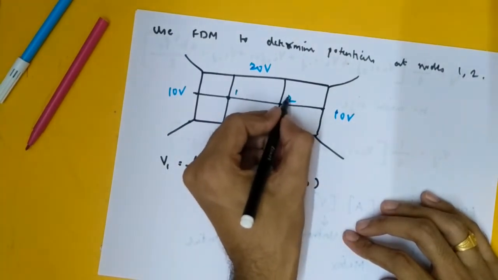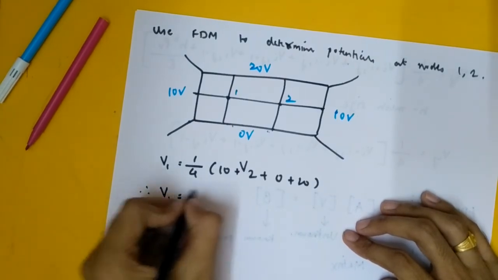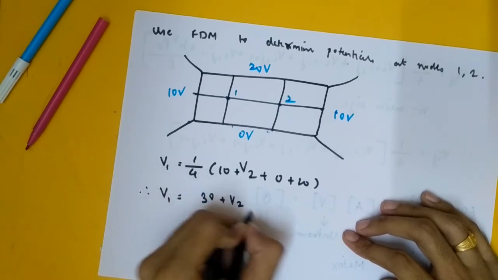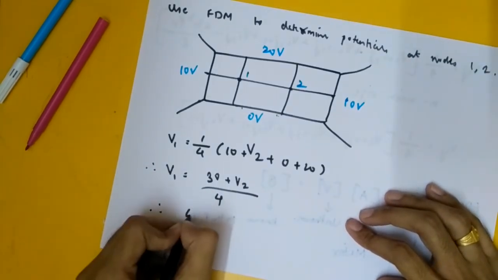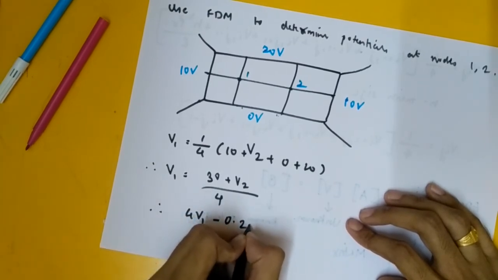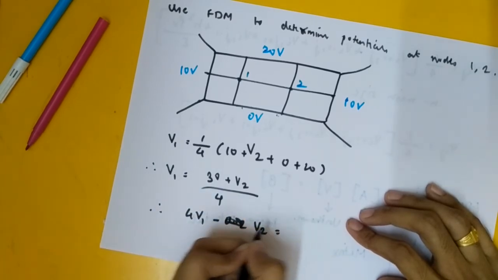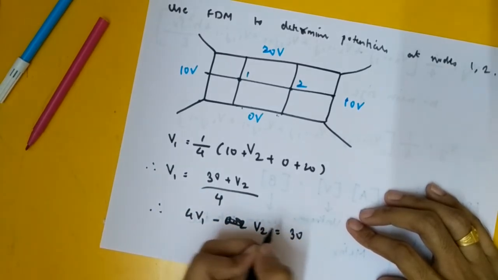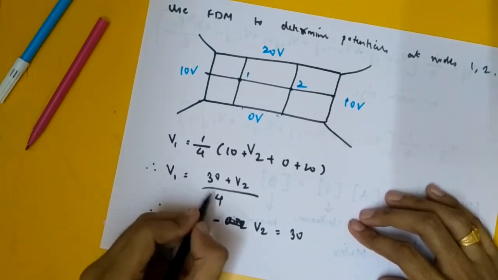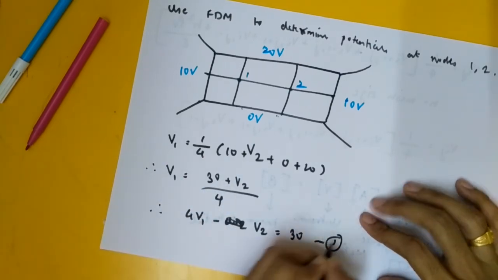Its potential is not known, the volts are written, node 1 and node 2 are given, right? So what will this be? V1 equal to 30 plus V2 upon 4. So therefore 4V1 minus V2 equal to 30, right? Am I correct? 4V1 minus V2 equal to 30. Yeah, let's say this is equation 1.